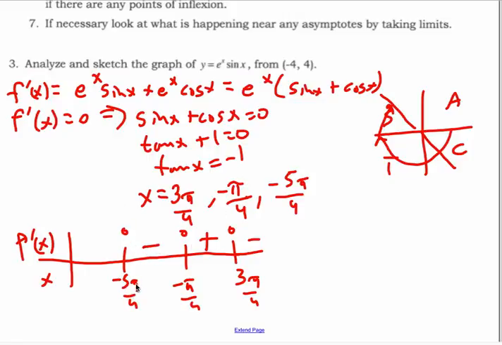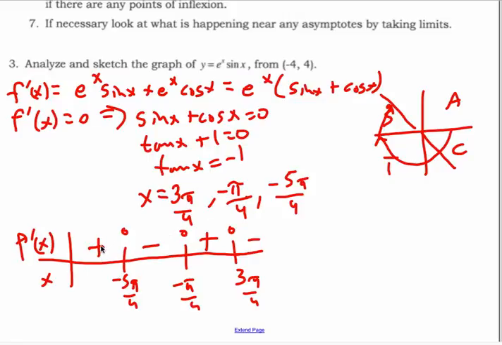And if we look at here, even though it's not in the domain, we could look at negative 3 pi over 2, which is here. So cosine is 0, sine is 1, so it's positive.